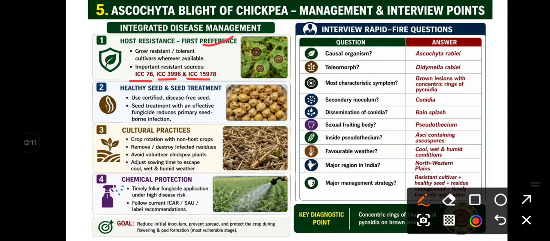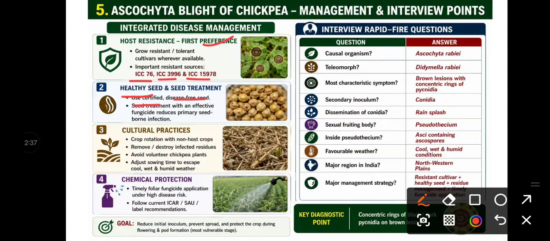or for the management of infected seed we can use healthy seed or certified disease-free seeds. Or if seed contains some amount of inoculum, we can do seed treatment like hot water treatment, mostly for internally seed-borne diseases like phomopsis blight. We also do hot water treatment at 50 degrees Celsius for 30 minutes.